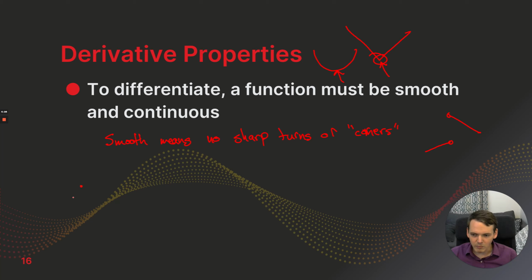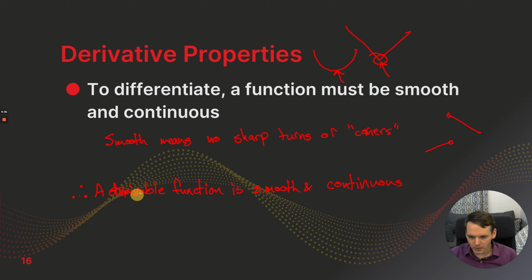This also means that therefore a derivable function is smooth and continuous.